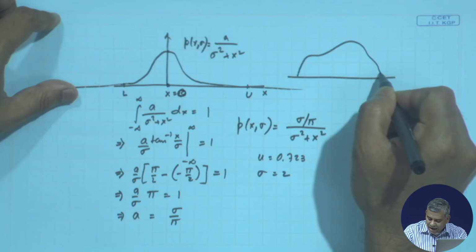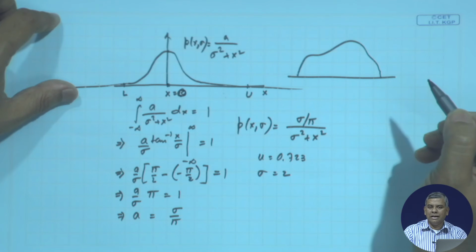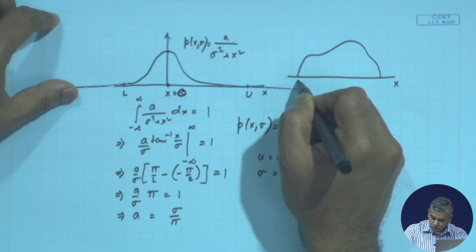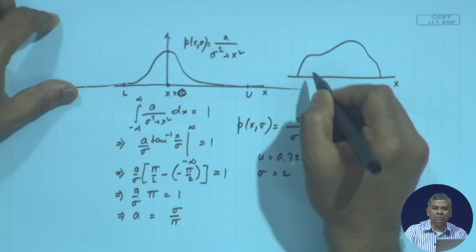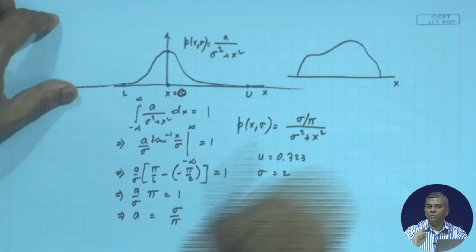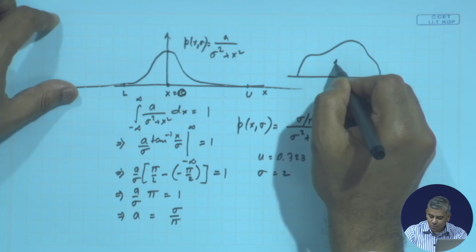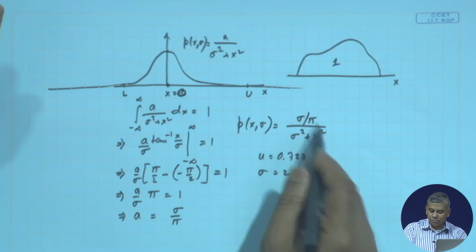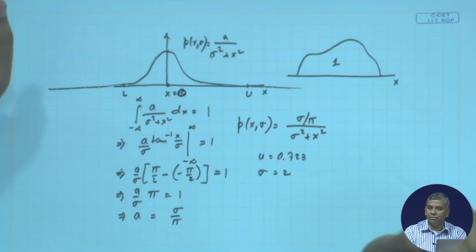Let's say I've got a probability distribution that looks like this on x. So this goes from some value to some value, and these are only positive probabilities that we have. We know that for a probability distribution, the area here is 1. This is exactly what we've done: if you put it this way, then the area under the curve will be 1.